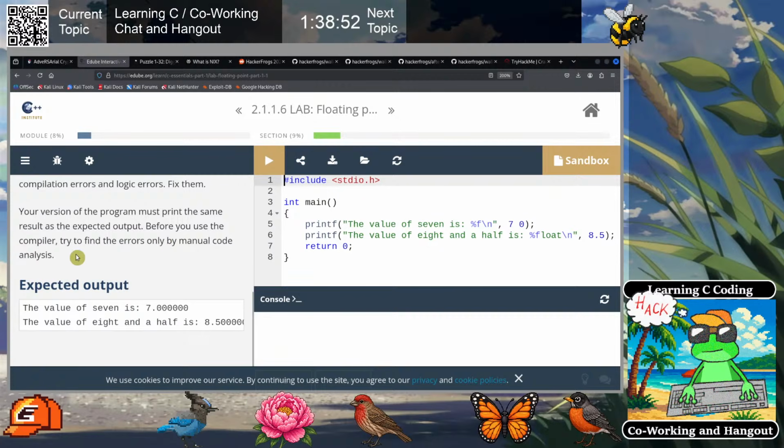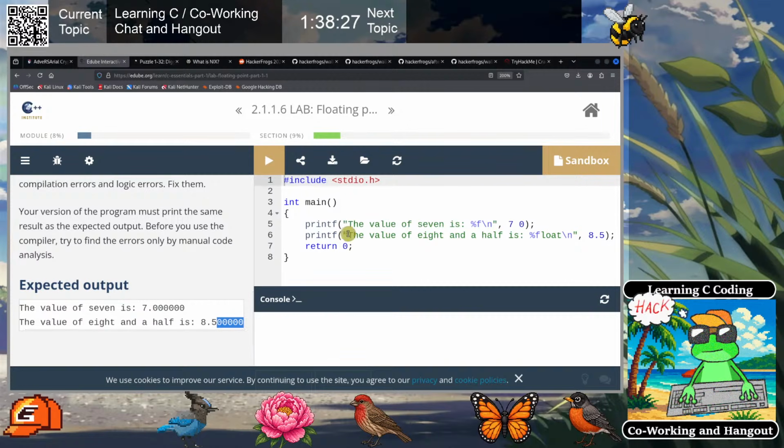Before you use the compiler, try to find the errors only by manual code analysis. So expected output, the value of 7 is 7.60. And the value of 8.5 is 8.5 and then 5 zeros.